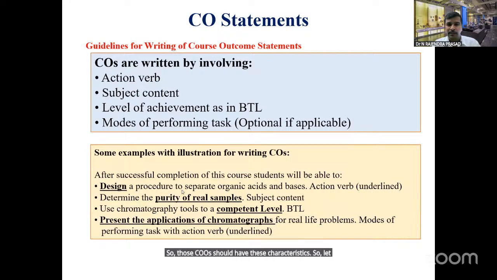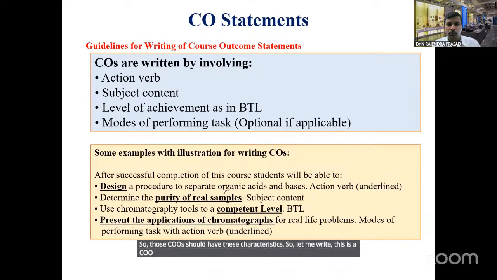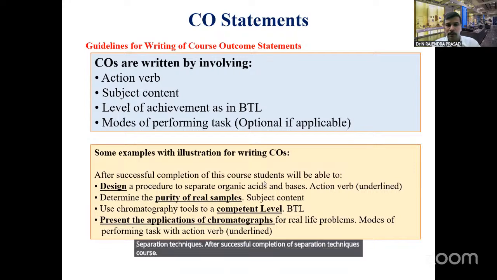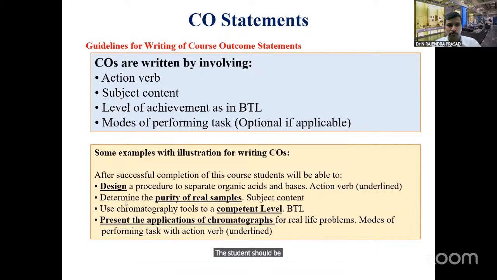So let me write, this is a CO written for the course Separation Techniques. After successful completion of the Separation Techniques course, the student should be able to design a procedure to separate acids and bases. The action verb has been underlined here. Look at this: design is the action verb.